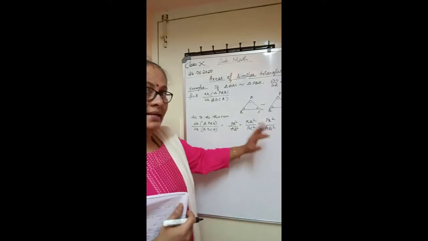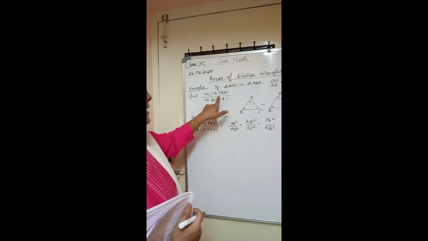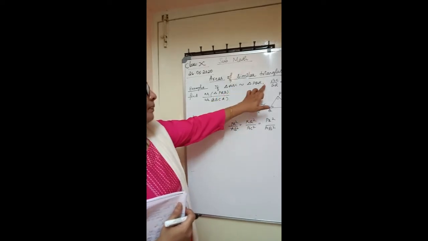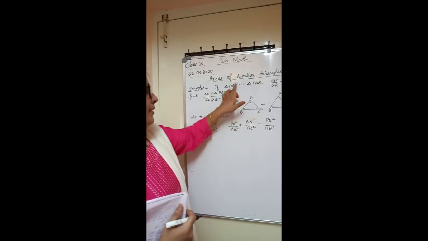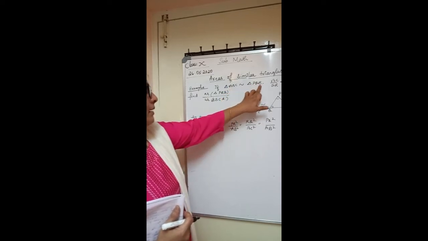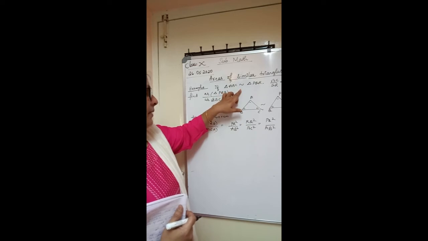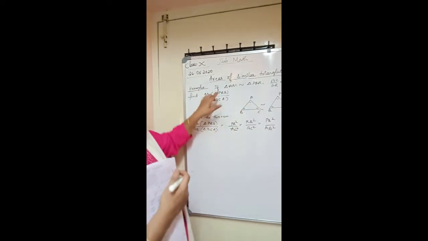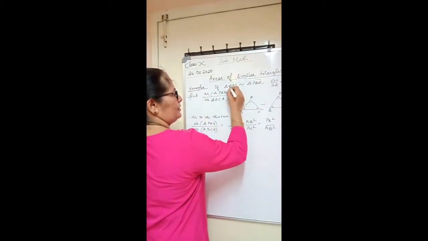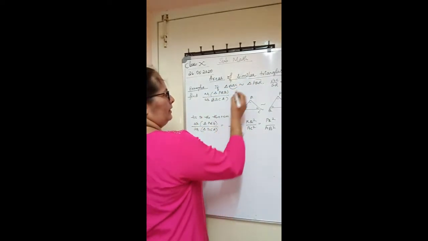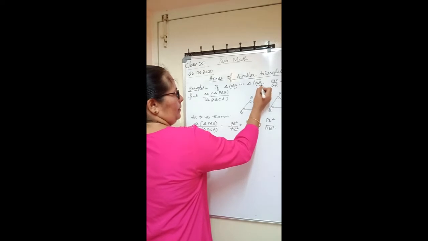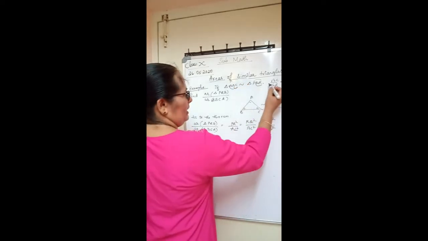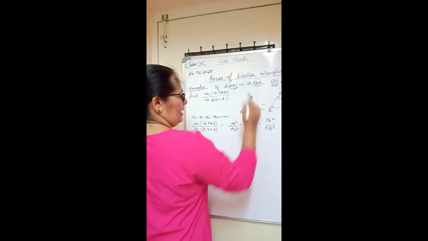The corresponding sides, be careful, see here: PR square is proportional to AC square, then RQ square proportional to BC square, then PQ square proportional to AB square.